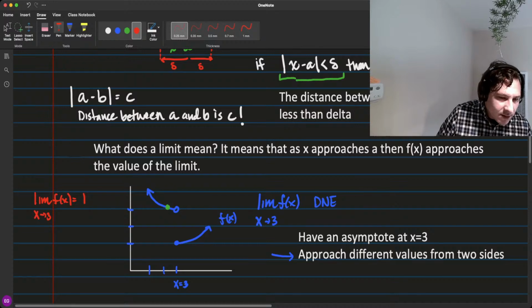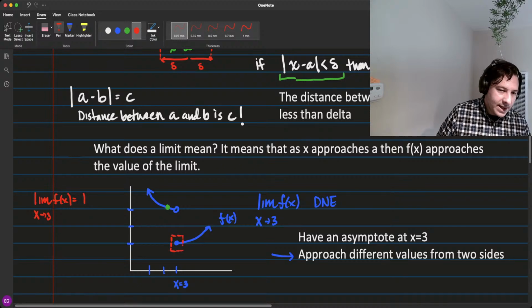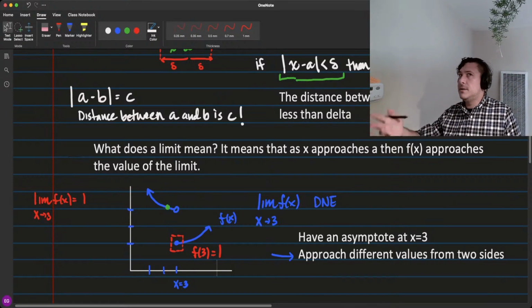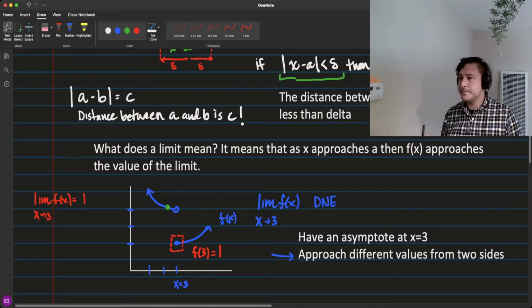Does it make sense that you thought that, because you look at this point right here and you notice that f of 3 is equal to 1? So you're like, maybe the limit is equal to 1. Okay, making sense so far?